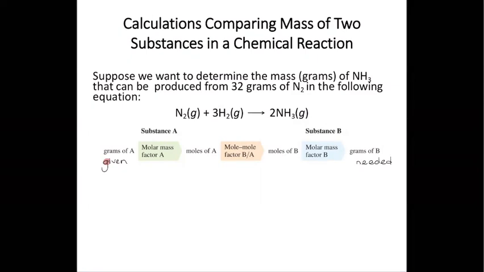Whenever you have to do this conversion, you need 3 conversion factors.